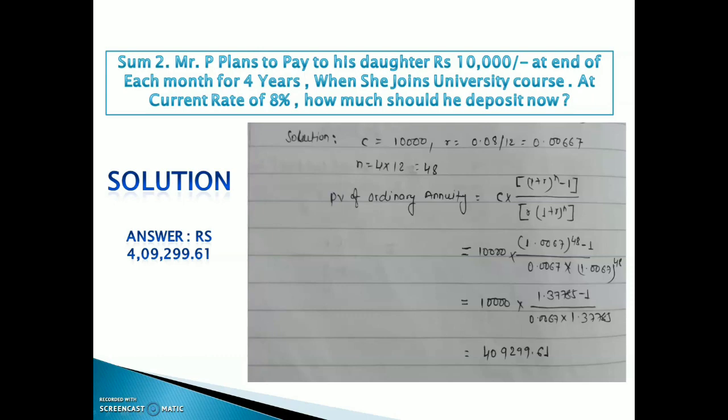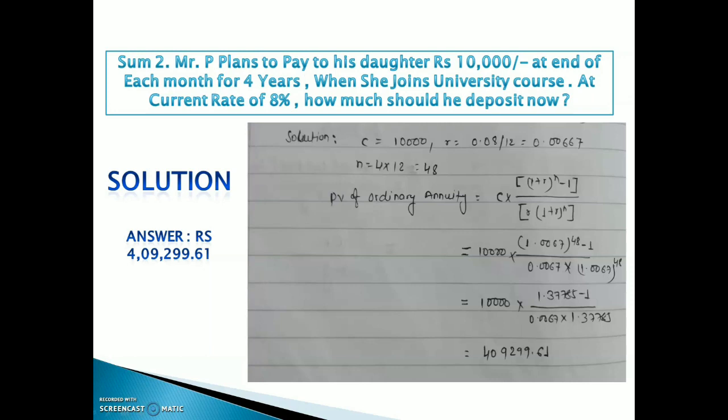So here we have the ordinary annuity formula. By putting each value respectively in its place and solving all the figures, we get 4,09,299.61.